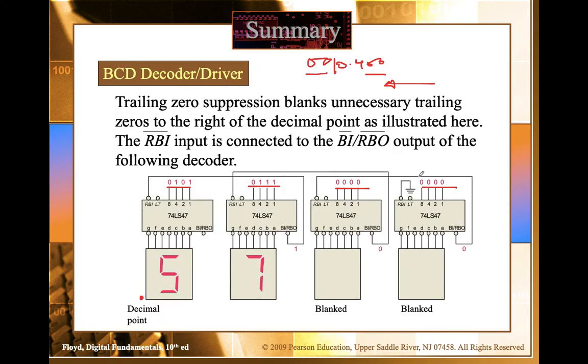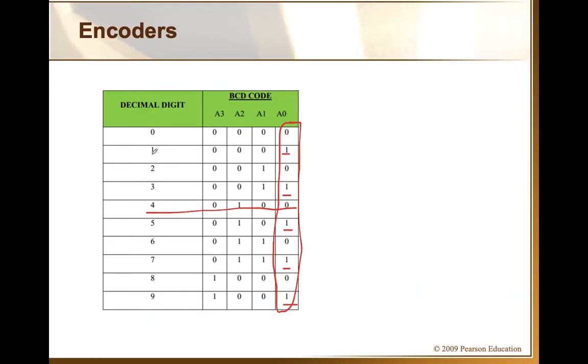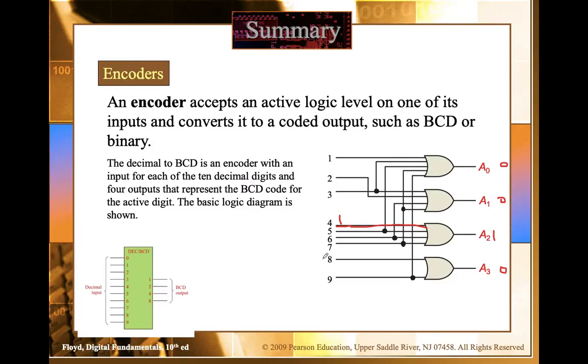Which are those inputs? These are 1, 3, 5, 7, 9, so basically all odd numbers. You go here and you see 1, 3, 5, go here 7 and 9.